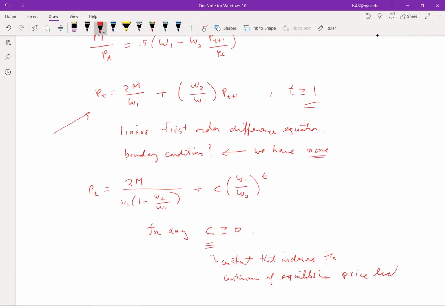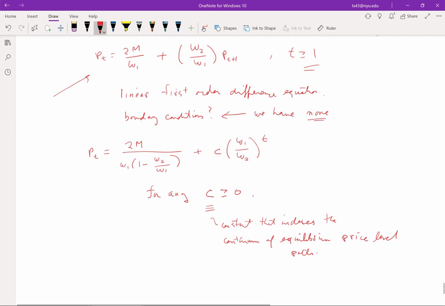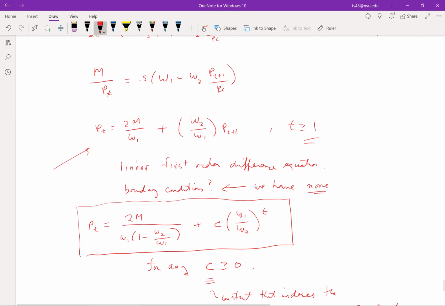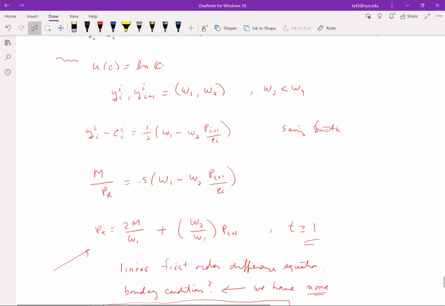So the price level is not unique. Okay, so if we stare at this, we've got our hands on all the price levels, and then once we know the price level, we can get the allocation pretty simply.